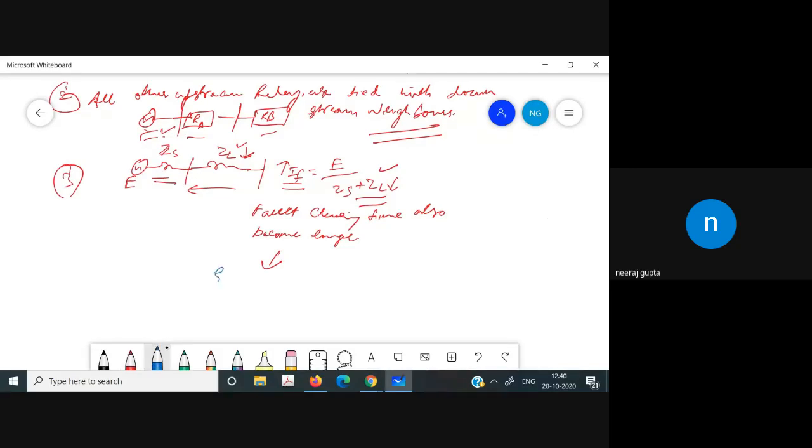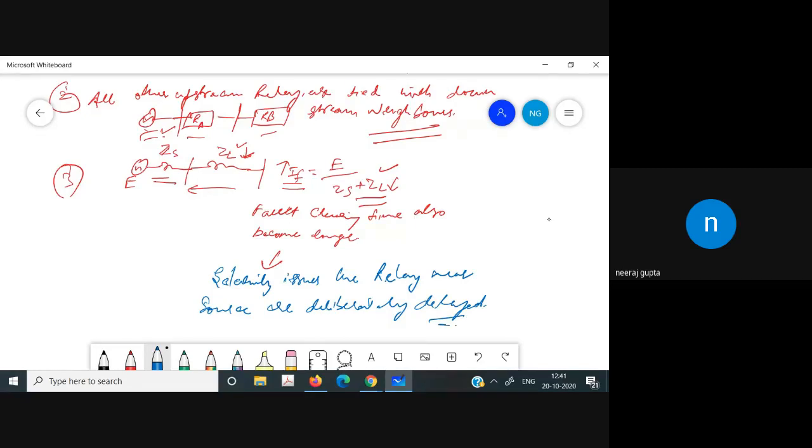So because of selectivity issues, the relays near the source are deliberately delayed, because they are tied with the downstream relays, and they have selectivity issues that are taken into consideration. So this is not a desirable feature.